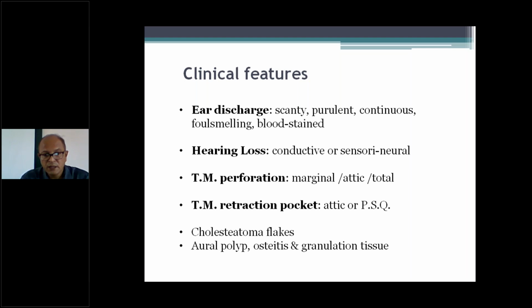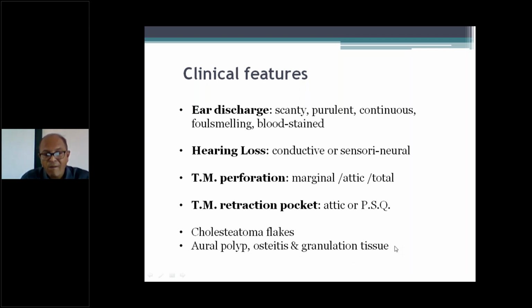If it is attached to the facial nerve and the facial nerve is dehiscent, you might damage the nerve, and the patient may immediately develop facial palsy. So never pull out an aural polyp. And sometimes you may find granulation tissue.